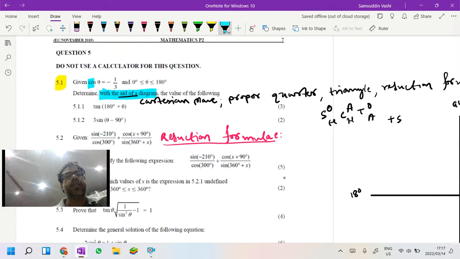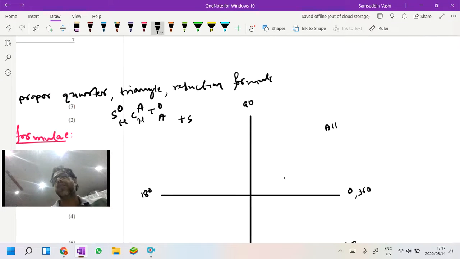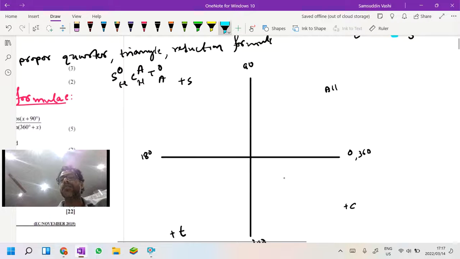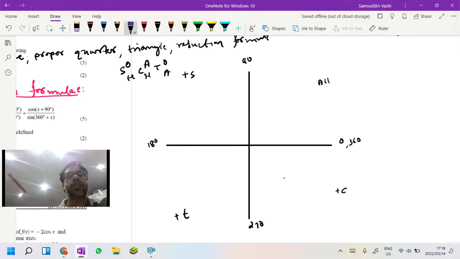Right? So if I read further, cosine theta is negative 1/3. So the given information to me is cosine theta is negative 1/3. So this sign is important. That tells me that my triangle must have cosine negative. And then I'm going to check in which quarters cosine is negative.